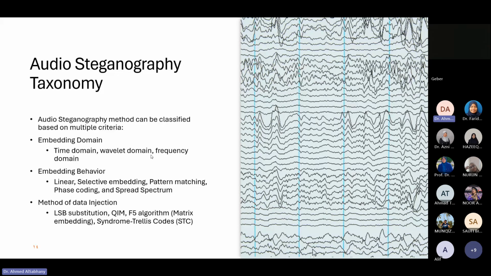Basically, we are trying to achieve a low error and a high efficiency embedding. So, for example, with least significant bit substitution, for each message bit, we are changing one bit in the audio signal. So the ratio for this method is 1:1 if we are considering bits as the standard.